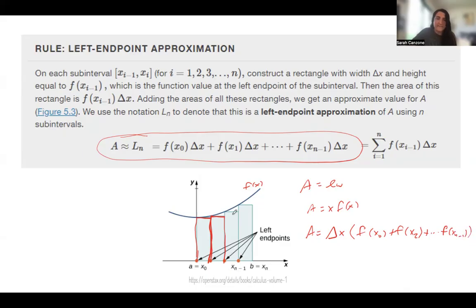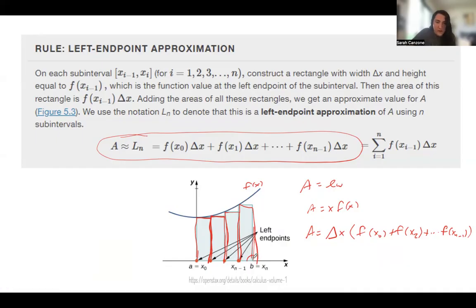The reason we go to n minus 1 is that here we have 4 rectangles. We hit here, and for the last one we go up, left, and down.